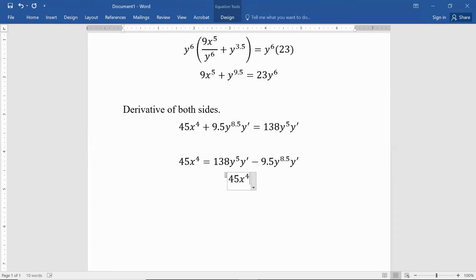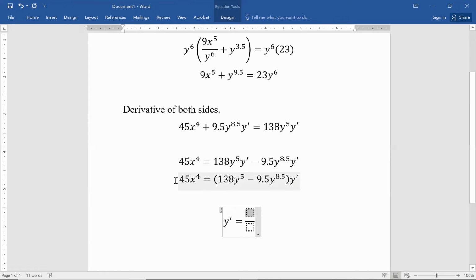Now we factor out the y prime on the right-hand side, and then we divide by the coefficient of y prime. In the end, we get y prime is equal to a fraction.